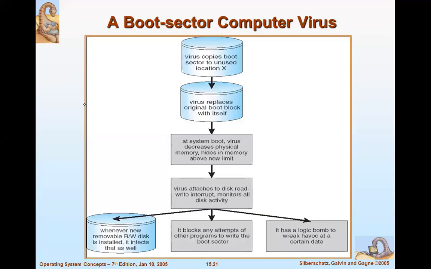You can see over here the example of a boot sector computer virus. That virus copies its boot sector to an unused location, and then the virus replaces the original boot block with itself. And later on, when the system boots, the virus decreases the physical memory and hides inside that memory above the new limit.